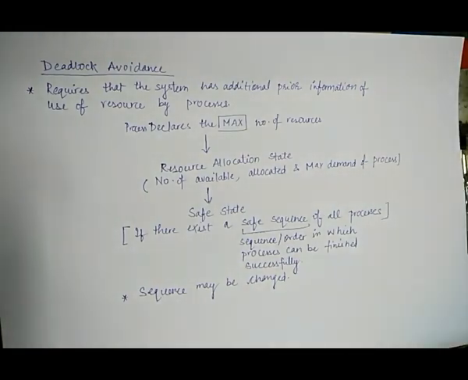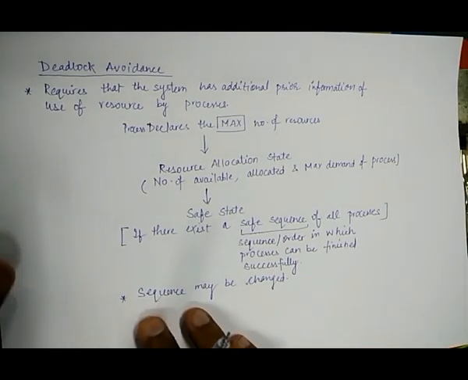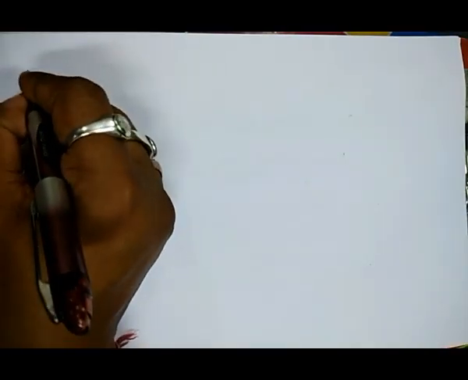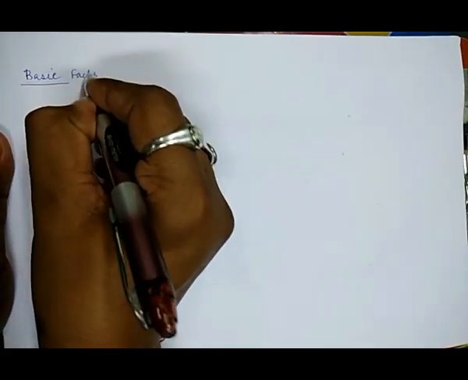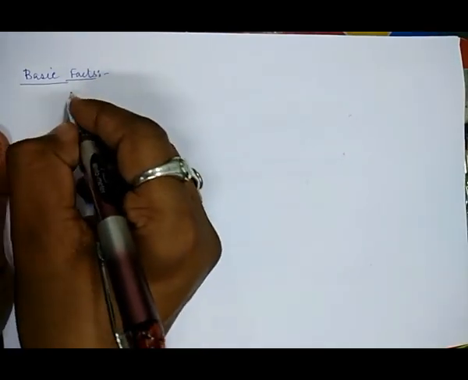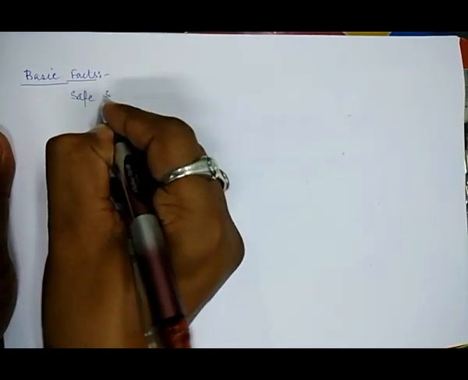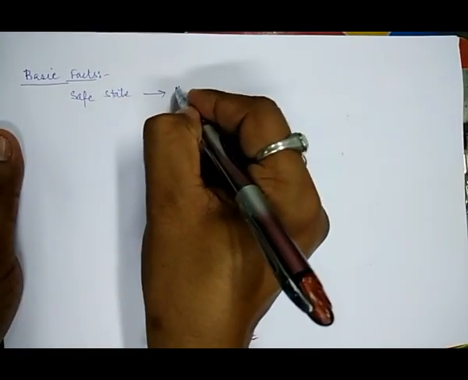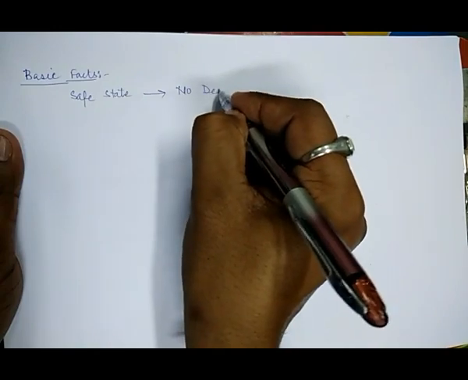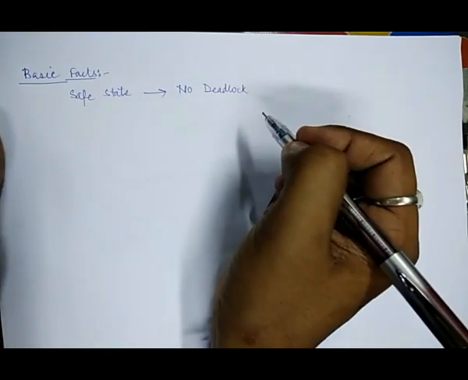Now, if we go into further details of deadlock avoidance, the basic facts are: if the system is in safe state, then there will not be a deadlock, simply no deadlock.